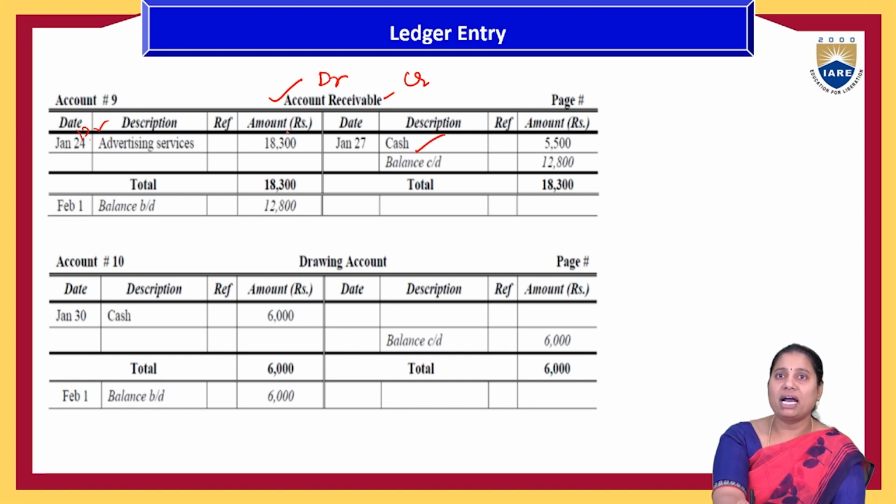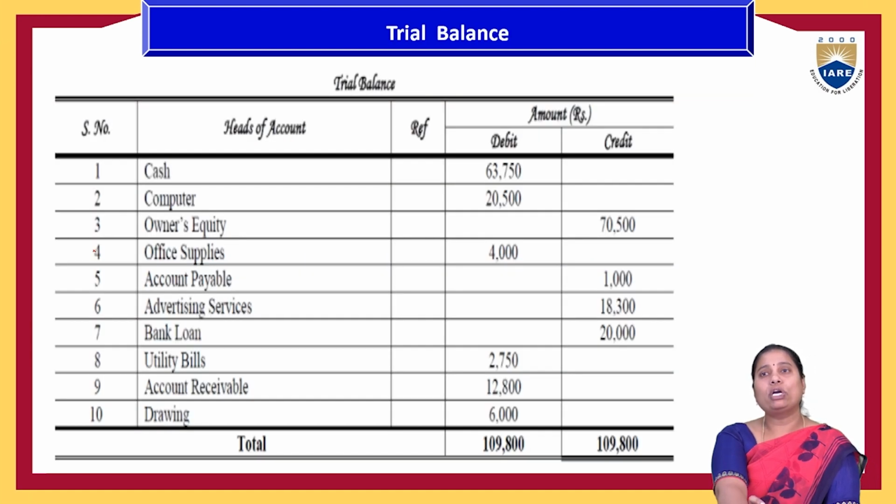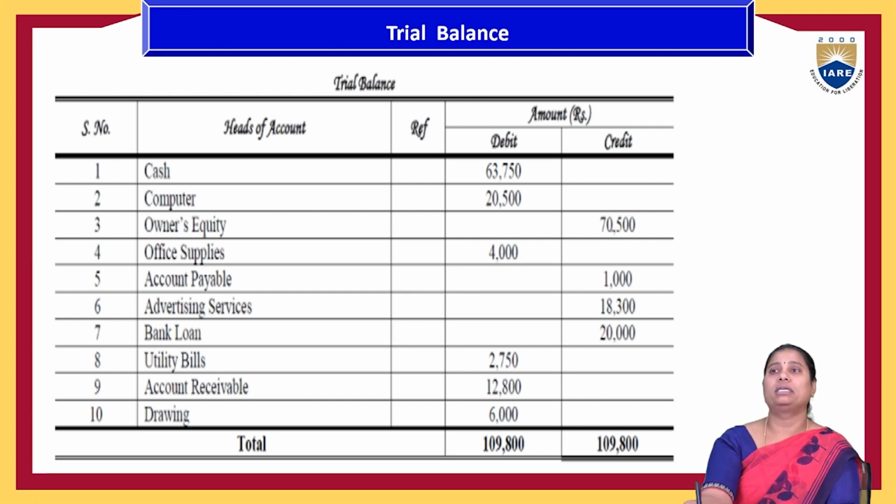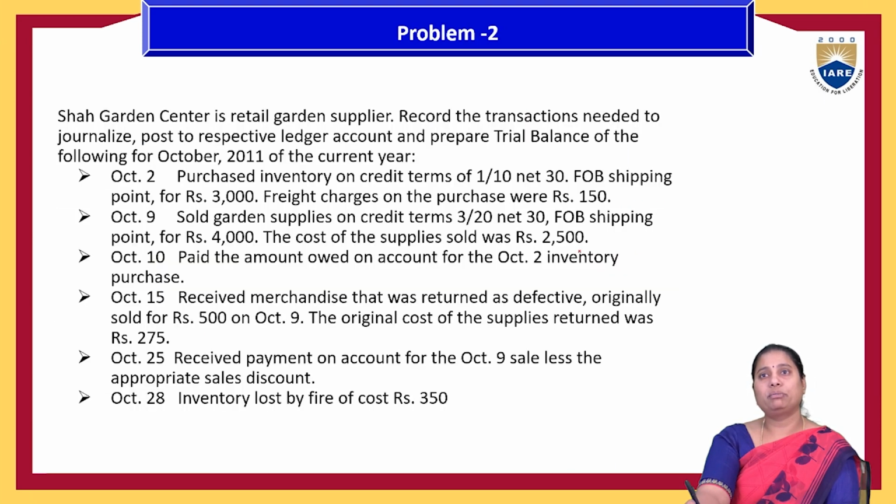And finally, if we add all the amounts under the debit and the credit, wherever the balance is less, we will take it as a carried down amount. At the start of the next month, we make it the balance brought down. Finally, we will see whether the debit amount and the credit amount are balancing or not in the form of a trial balance.